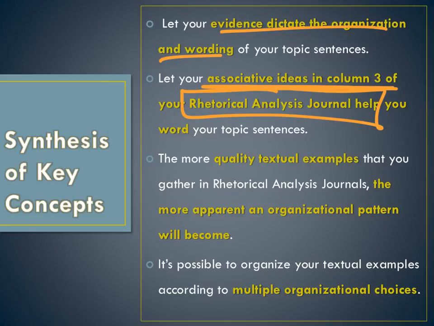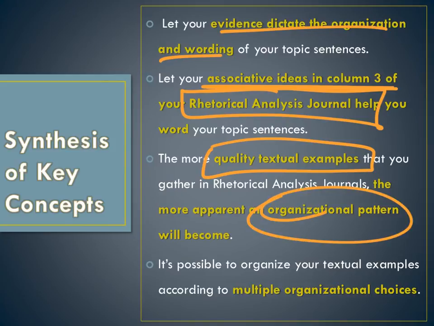You really want to do good work there, because you're going to lay the groundwork oftentimes for the analyses and arguments and synthesis essays that you're going to write this year. The more quality examples you find, the better your chances are of some organizational pattern coming to light. Clearly, if you found poor evidence, organizing poor evidence just isn't possible.